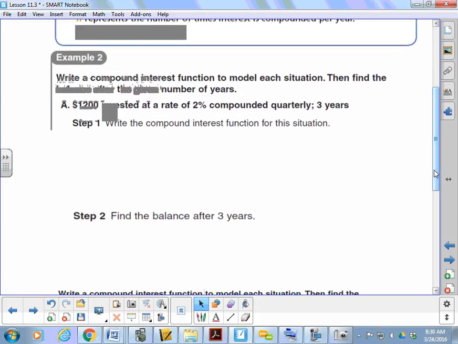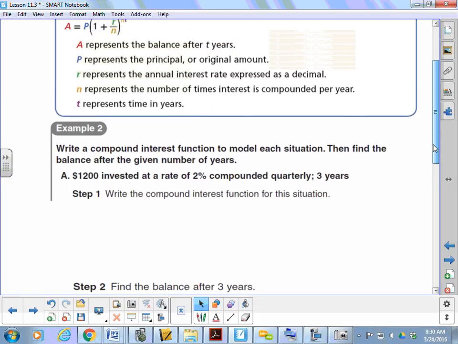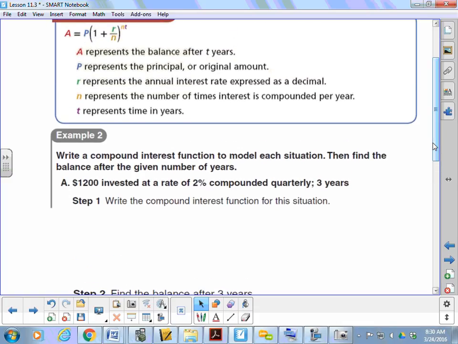So here we go. Write a compound interest function to model each situation. Find the balance after the given number of years. So we're writing the function again. We need to establish the values of P, R, and N. P is our initial value, the original amount, the starting amount, and in this case that is $1,200.